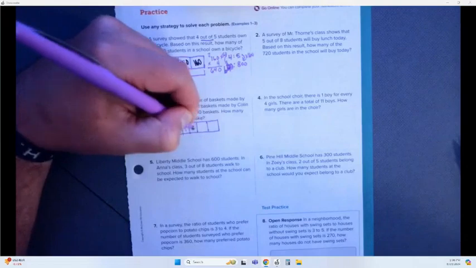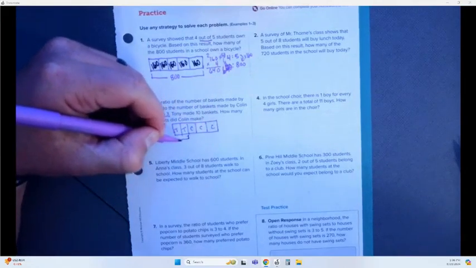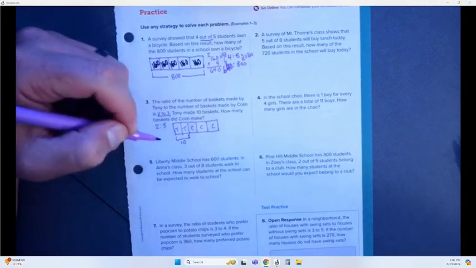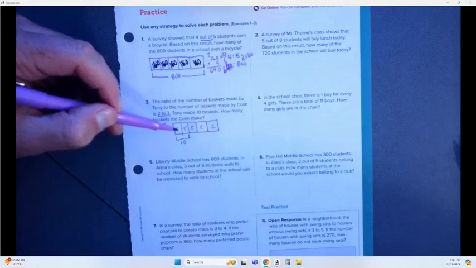So I have my 5 sections. 2 of those are represented by Tony, so I'm going to put a T in them. And 3 are represented by Colin, and I'll put a C. They tell me Tony made 10 baskets. So Tony's boxes are represented by 10, which means each box is 5, because 10 divided by 2 is 5.